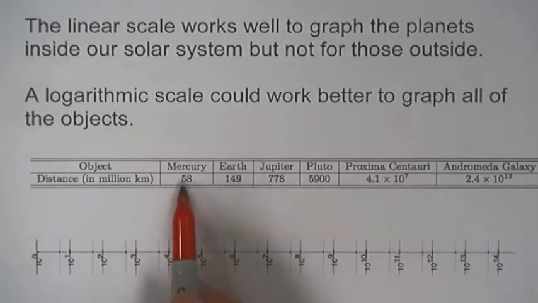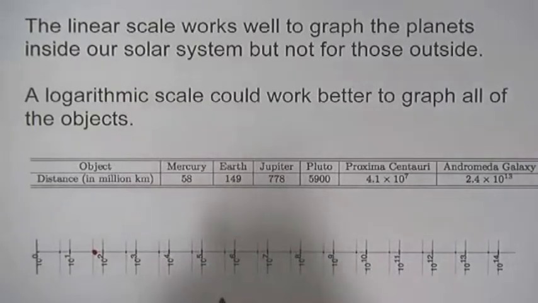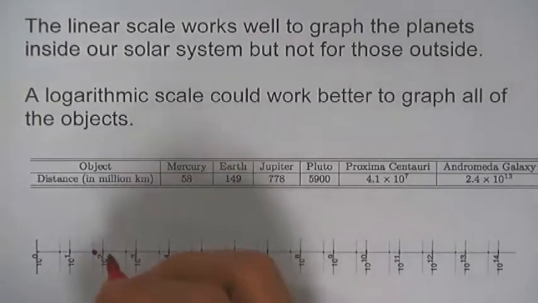Okay, if I want to graph Mercury, it is going to be about here at about 58. Earth is going to be at 149, so that's a little bit above 100, so this would be Earth.